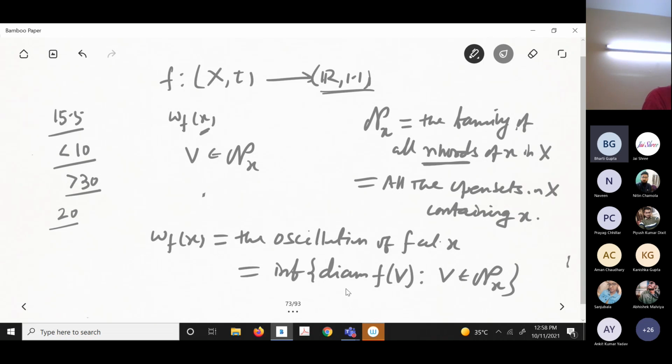That is called the oscillation. Each diameter is greater than or equal to 0, so the oscillation has to be greater than or equal to 0.